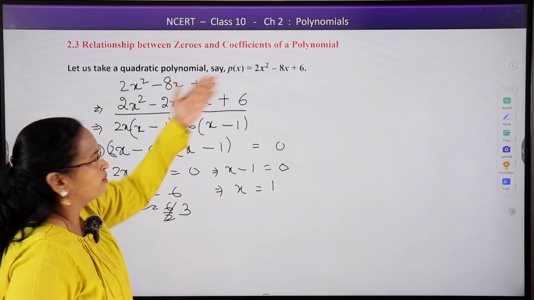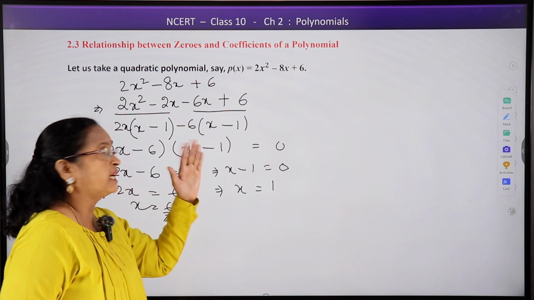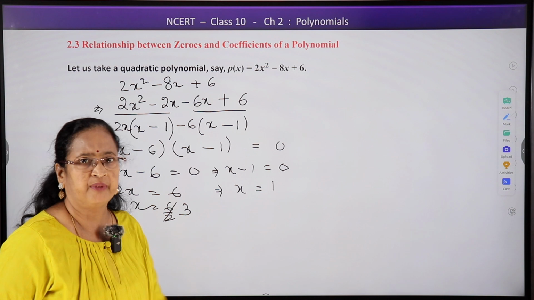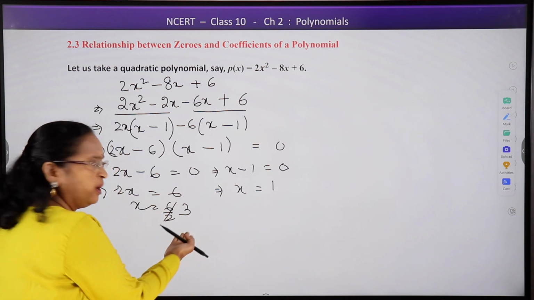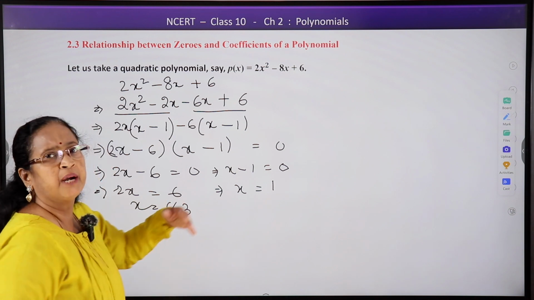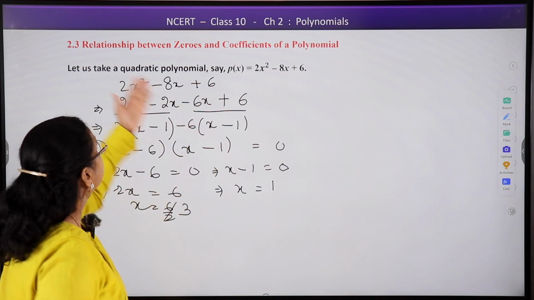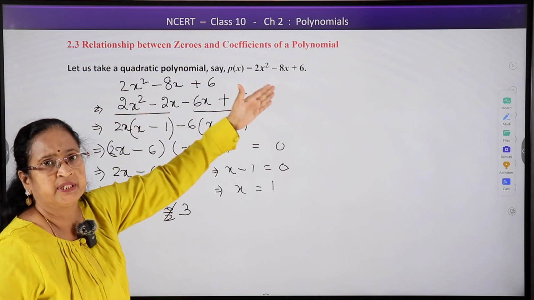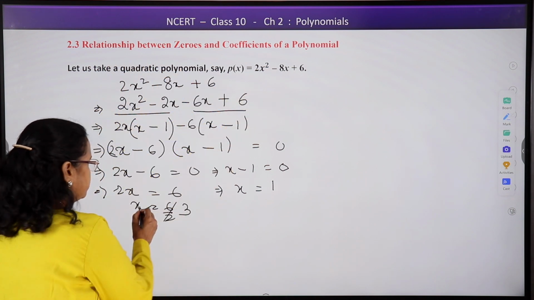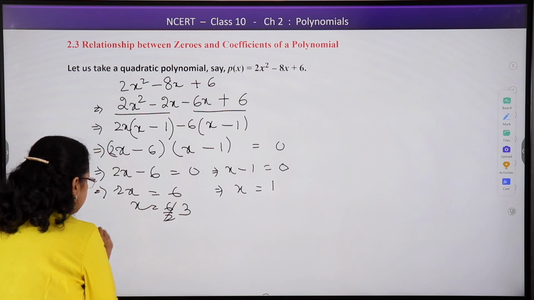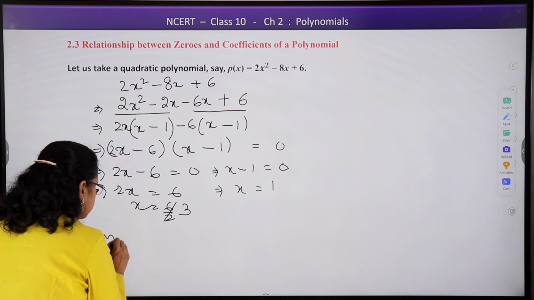Because it is a quadratic equation, as discussed earlier, we have to have two zeros of the polynomial, and we got it already, 3 and 1. Now I come to the main part of the question, which is the relationship between zeros and coefficients. Now zeros are 3 and 1.